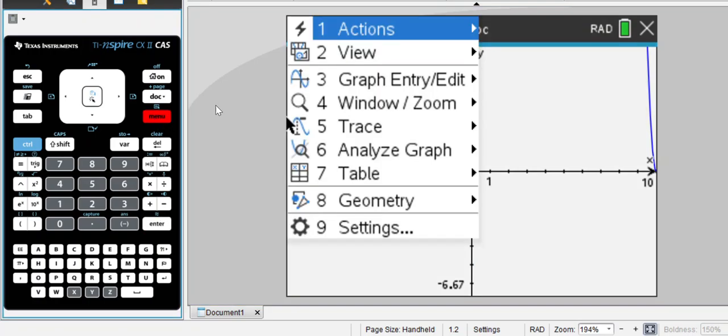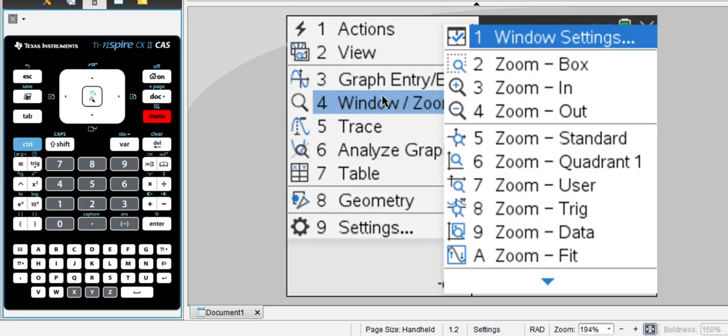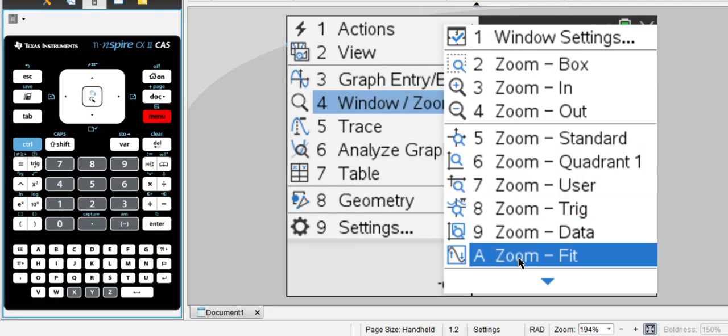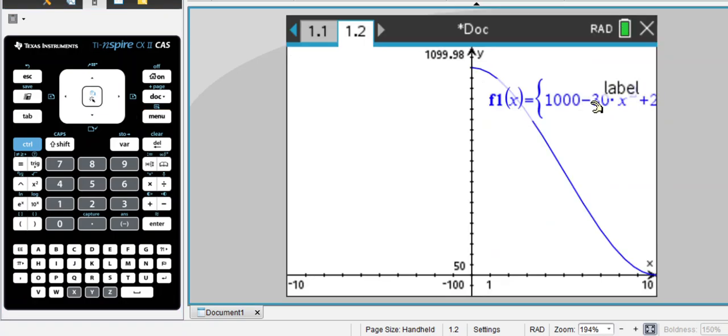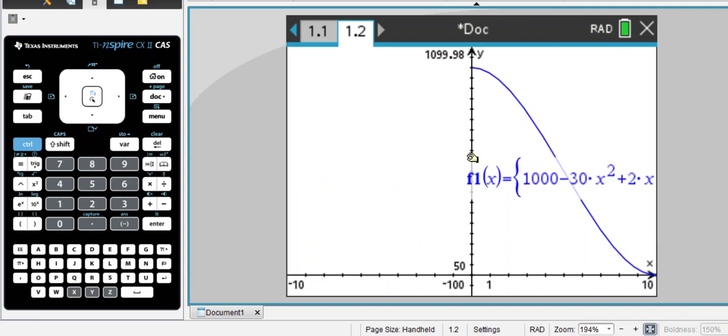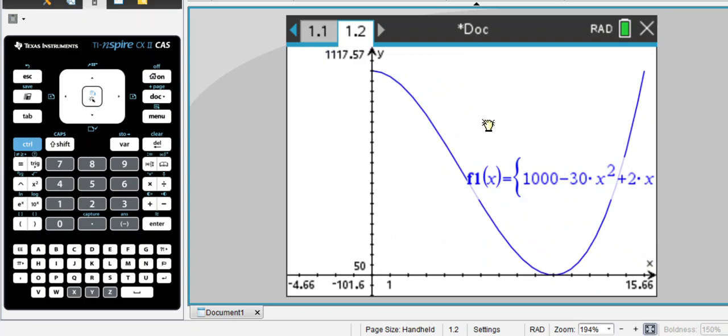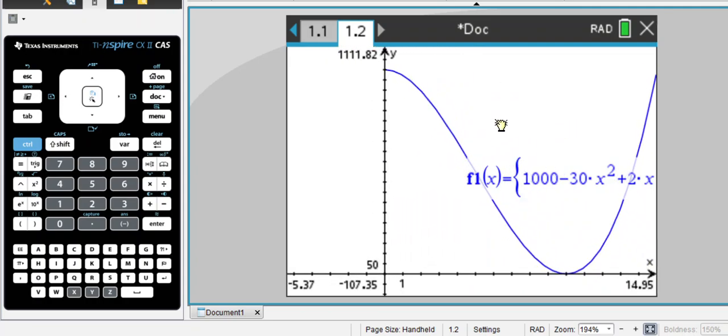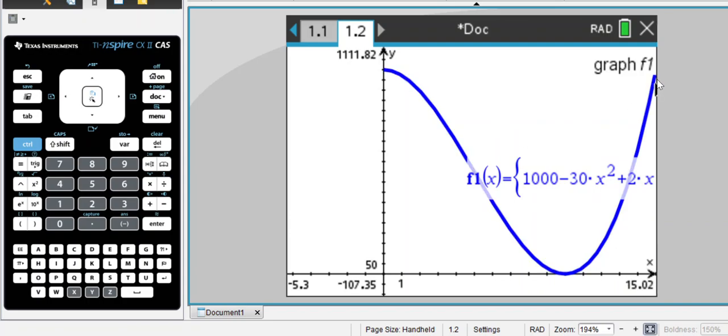So here I'm going to need to change the zoom because I can't see it. So I'm going to go menu for zoom fit. Okay. Zoom fit tries to give you a domain. Now it hasn't gone all the way out to 15, so I can just push the graph until I need it. So this now says 15.02.